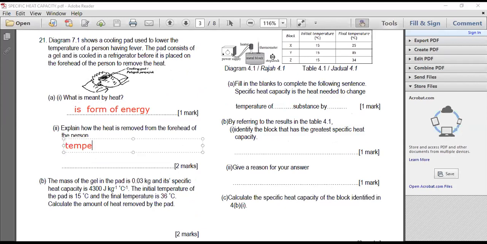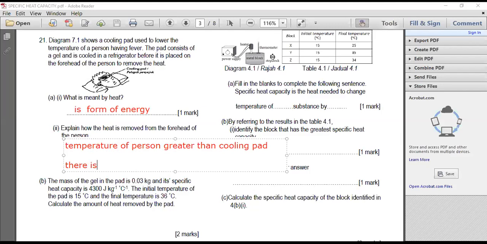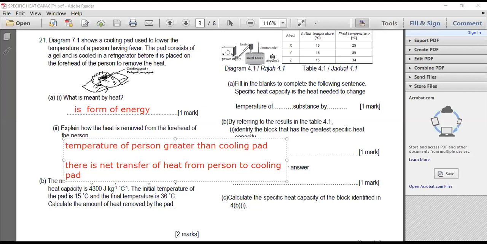Explain how heat is removed from the forehead of the person. You can say the temperature of the person is greater than the cooling pad, and there is transfer of heat from the person.